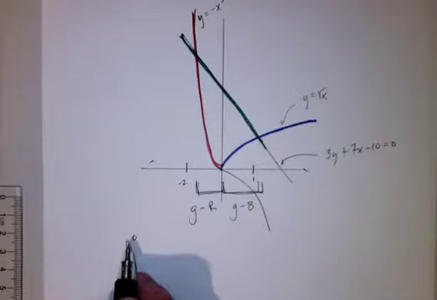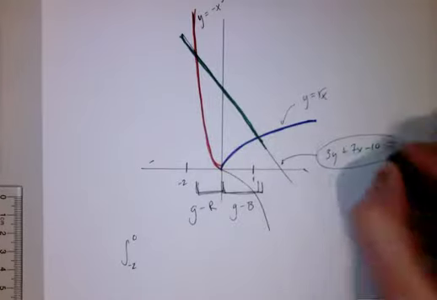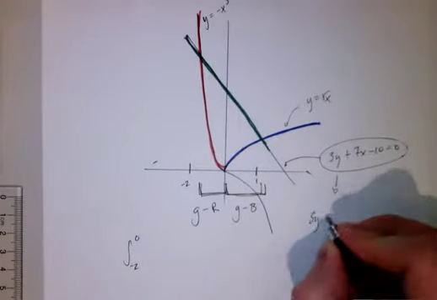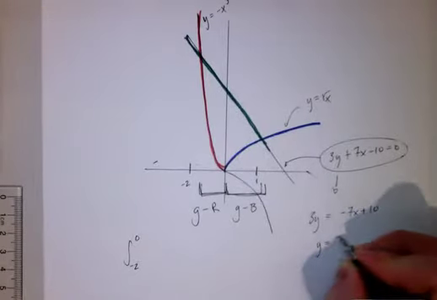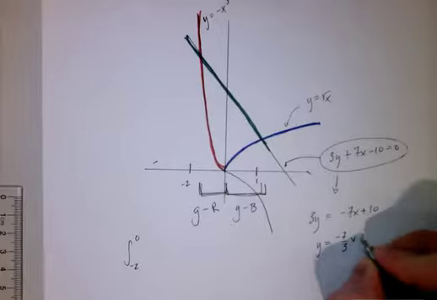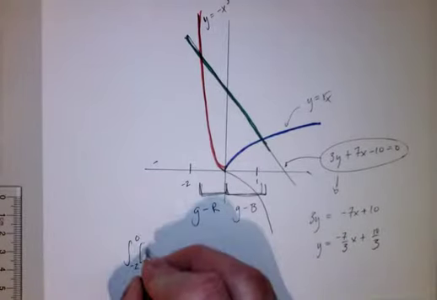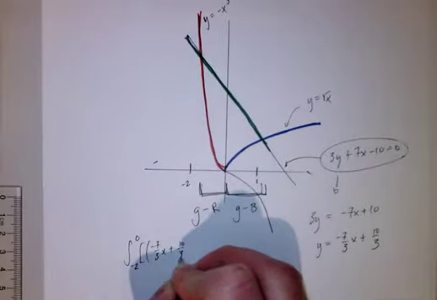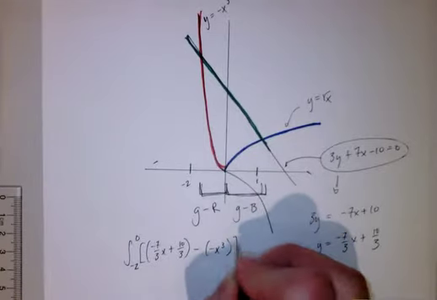-2 to 0. I'm going to have green. And of course, I'm going to have to solve this for y. So 3y is equal to -7x plus 10, or y is equal to -7/3 x plus 10/3. So when I set this up, I know that it's going to be -7/3 x plus 10/3 minus a negative x cubed.